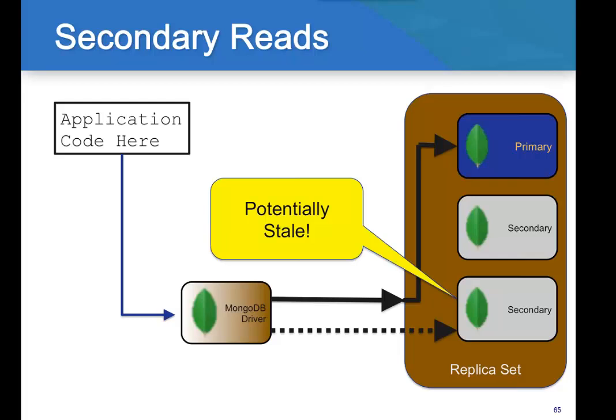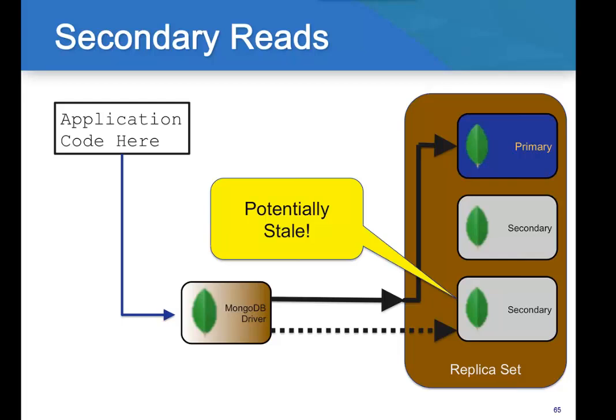Because MongoDB makes no guarantee about how up-to-date that secondary node is. So that secondary node can be what we call lagging. In a healthy replica set, that node will be up-to-date within a second or so of the primary. But if you have a networking problem, or if the host has a performance problem, or if any one of the half dozen other problems occurs, that node may lag.